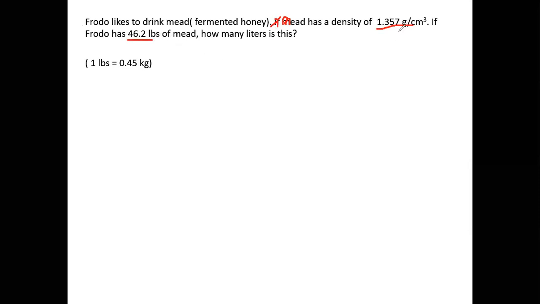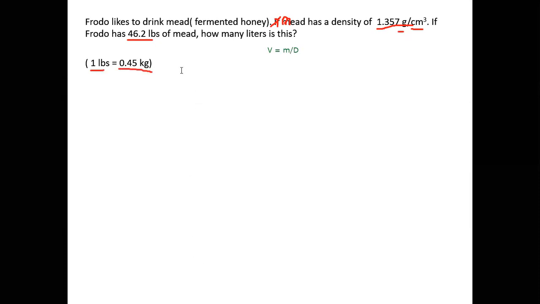The density is in grams per centimeter cubed, and from density we know that to determine the volume, volume is equal to mass divided by density. But in order to use the density equation, mass has to be in grams, because the density is in grams per centimeter cubed. So over here to the left, it gives us this conversion factor of pounds to kilograms.